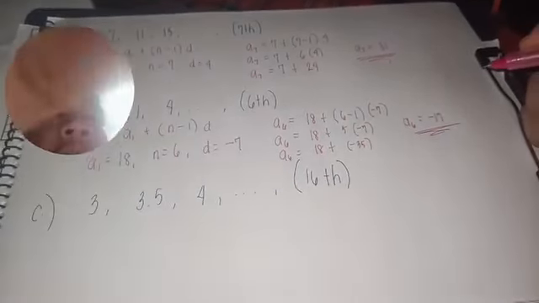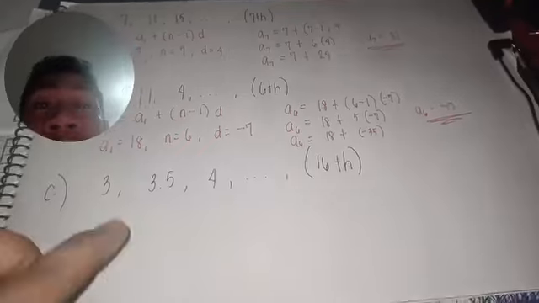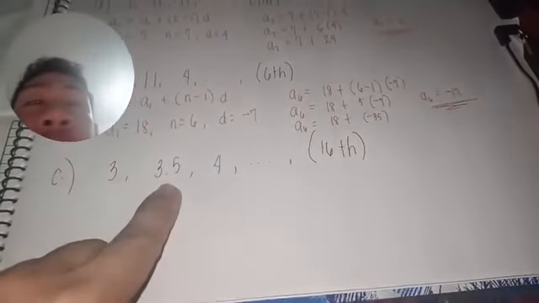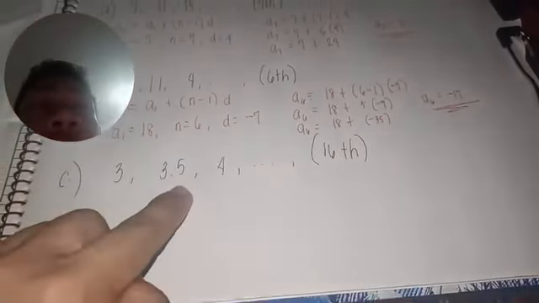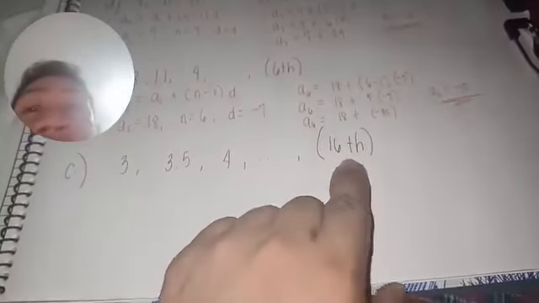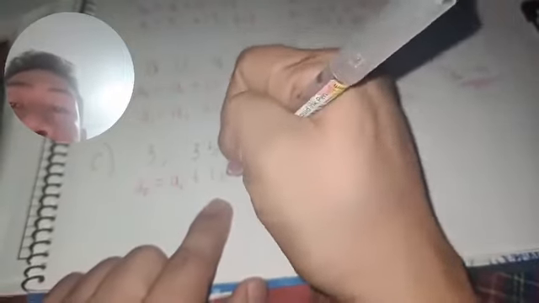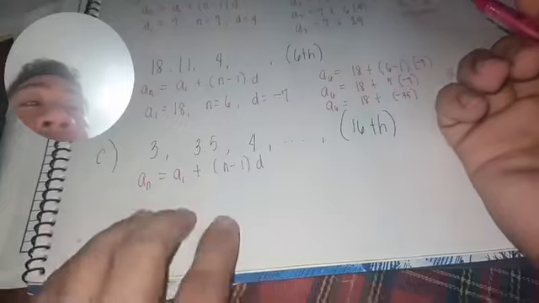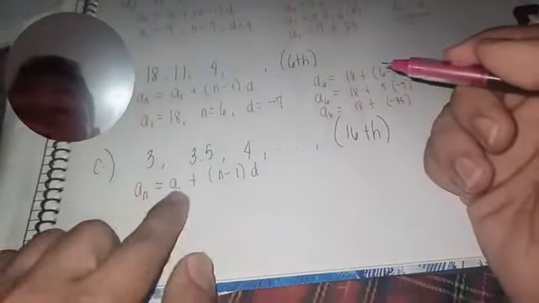The same process applies in letter C. Our sequence is 3, 3 and 1/2, 4, and we need to find the 16th term. So copy the formula. a sub n is equal to a sub 1 plus n minus 1 times the common difference. We need to know what our a sub 1 is. a sub 1 is the first term, 3.